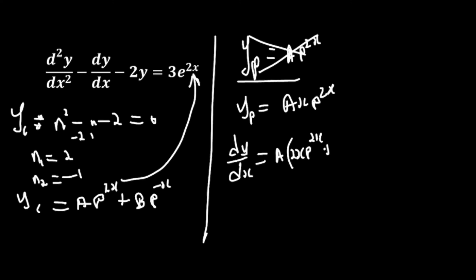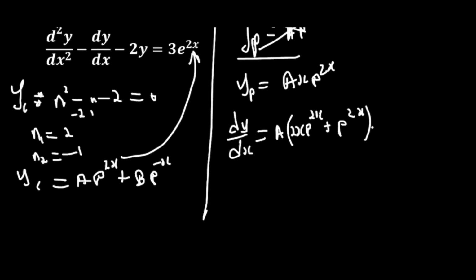Now plus, if we keep e to the 2x constant and differentiate x, we're going to have e to the 2x. So this can be written as 2ax e to the power 2x plus e to the 2x plus a e to the 2x.